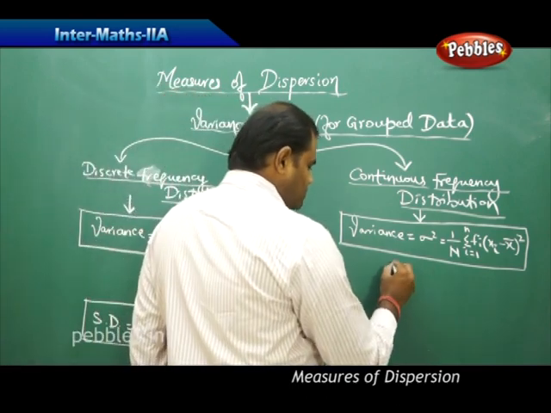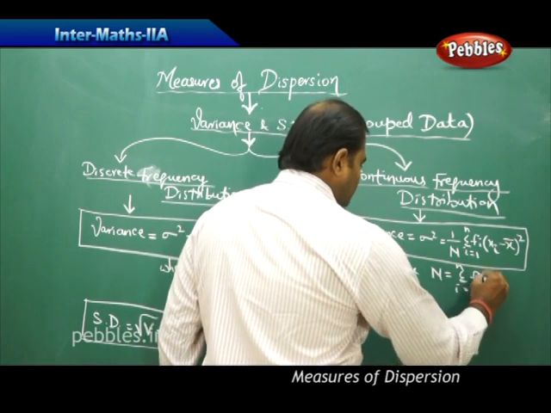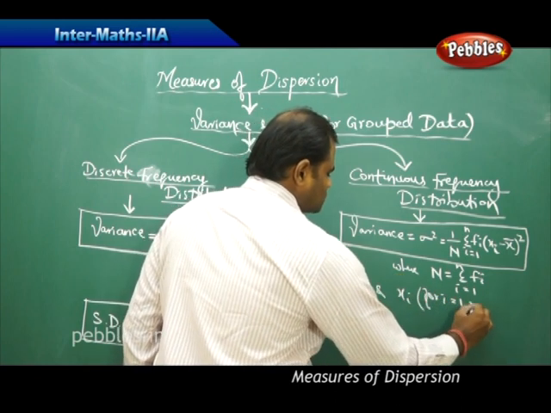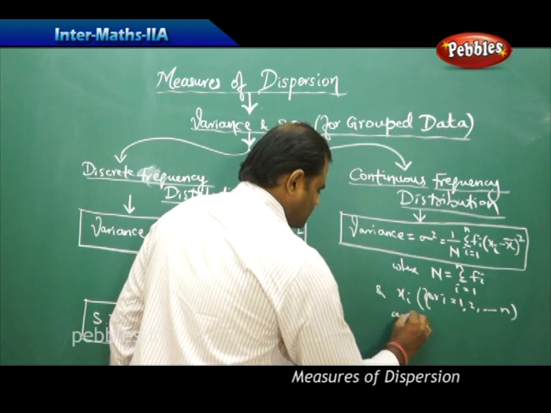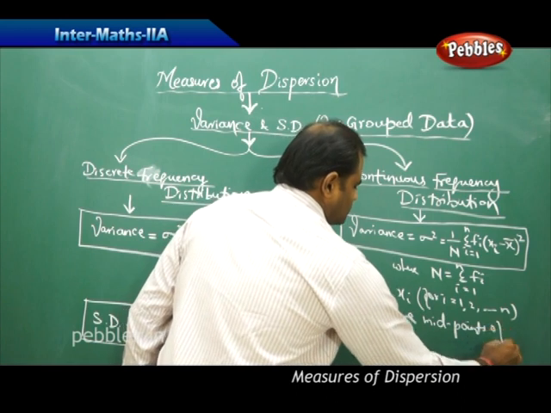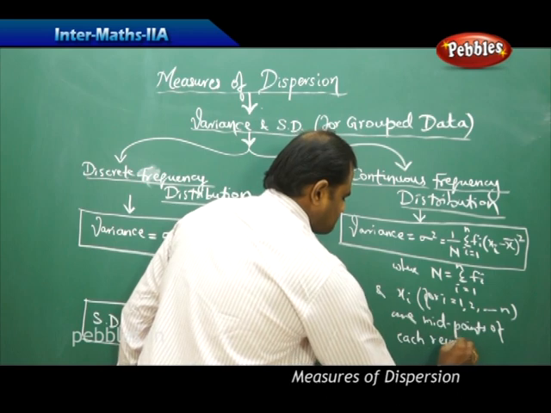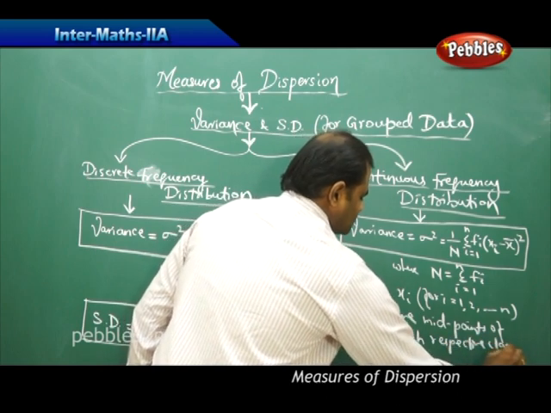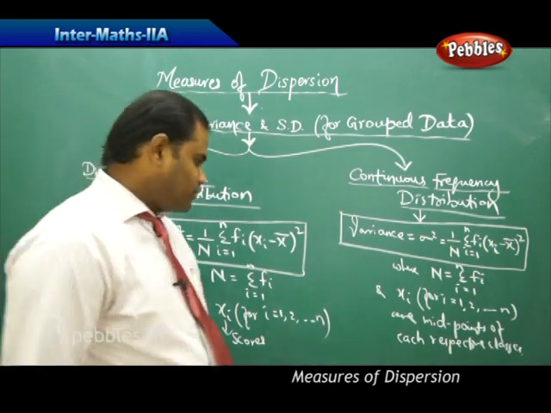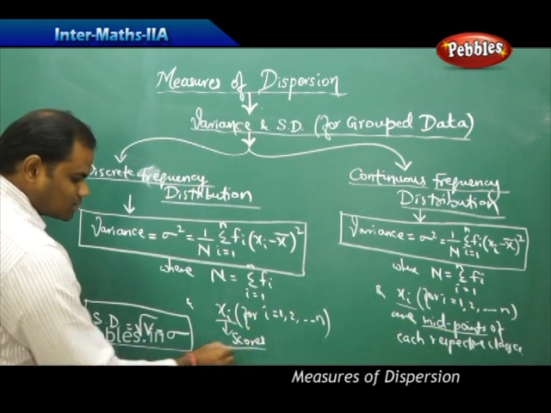The only difference is that n is sigma fi, i running from 1 to n, and xi for i equals 1, 2 till n are the midpoints of each respective class. So here the xi's are midpoints, and there the xi's are scores.